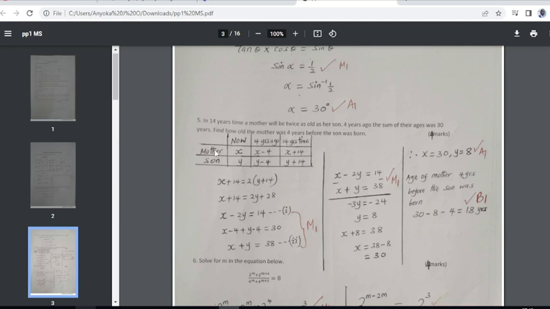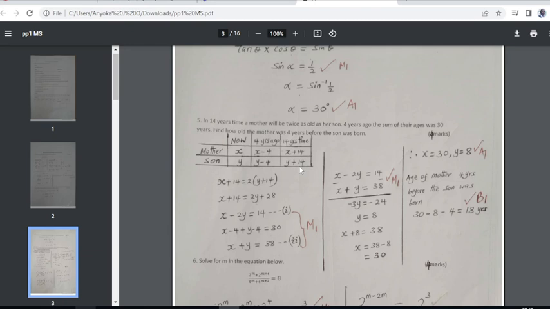So now the age of the mother is X, age of the son is Y. 4 years ago, from now we deduct 4 years. So the mother would be X minus 4, the son would be Y minus 4. In 14 years' time, the mother would be X plus 14, and the son will be Y plus 14.